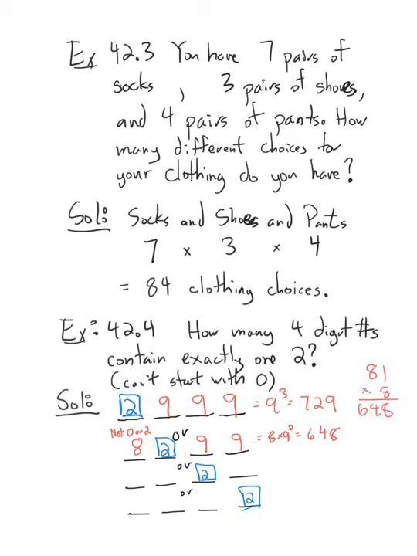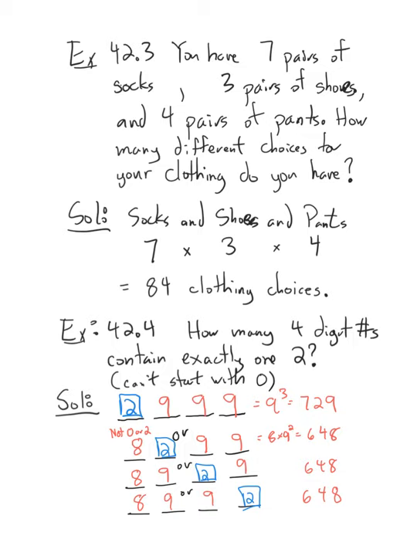Okay, great. And similarly, the same logic is going to apply to the other 2 cases. 9 choices for the 1's digit, 9 choices for the 100's digit, but only 8 choices for the 1000's digit because it can't be 2 or 0. And then same thing here, 8, 9, and 9. And again, this is going to be 648.